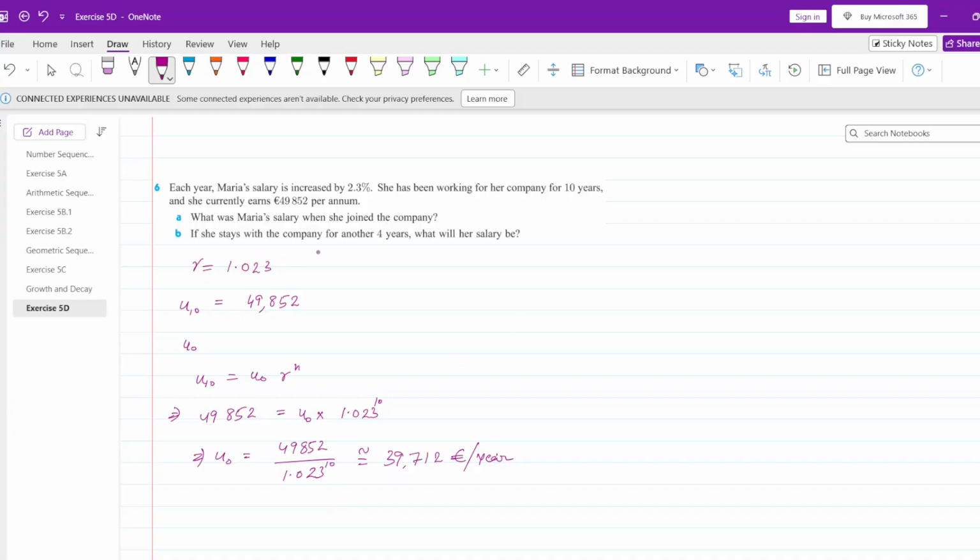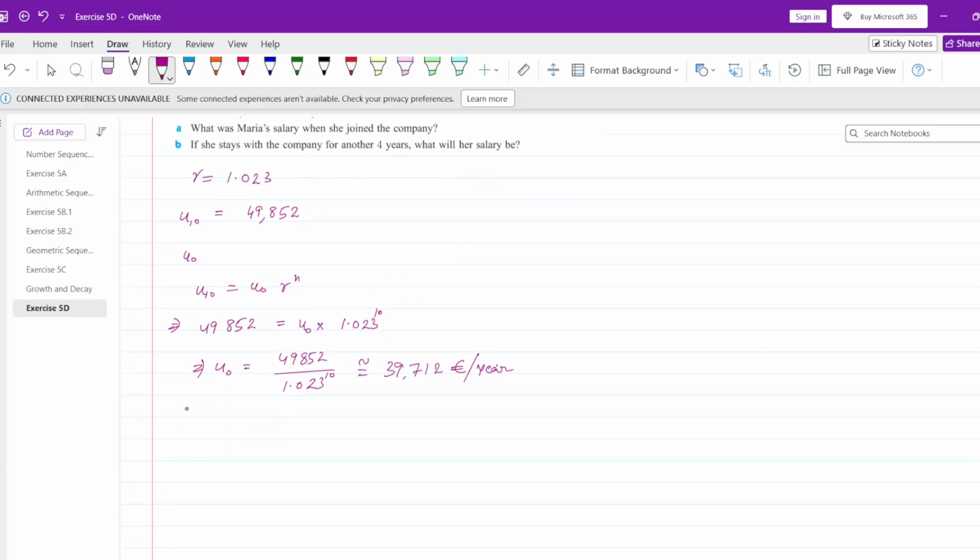If she stays with the company for another 4 years, what will her salary be? So U14 is going to be U10 times R raised to the power 4, or U14 equals U0 times R raised to the power 14. We can solve using any of the formulas. So let's solve using this formula.